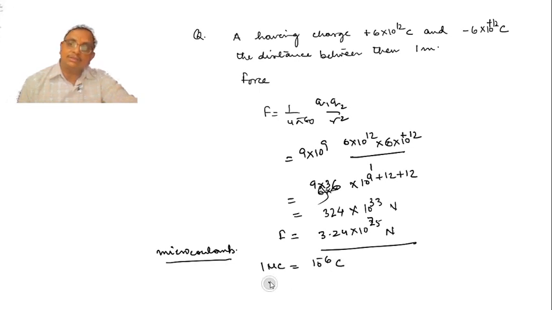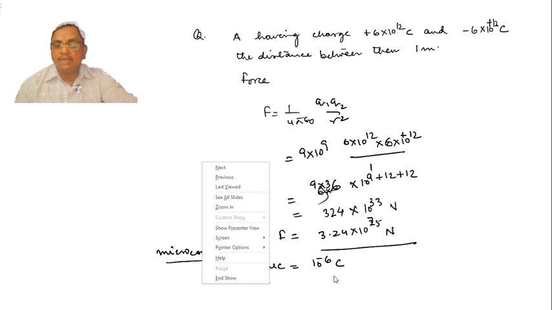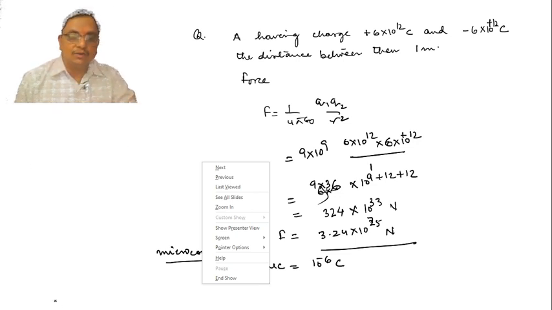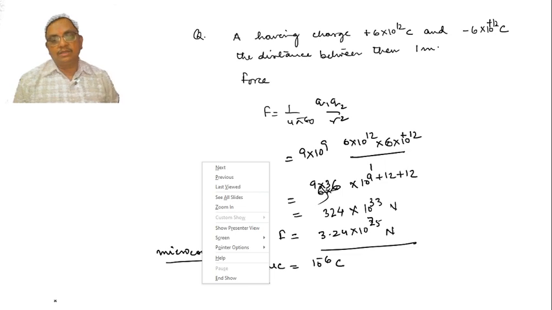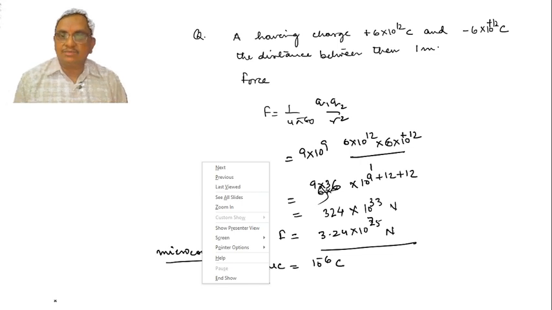The electrostatic force acting between the charges is larger than the gravitational force. This way we calculate the force acting between the charges. Now this is all about the charge and the forces acting between the charges, that is Coulombian force.